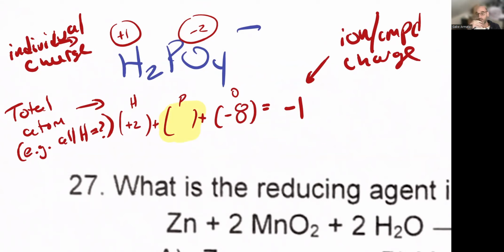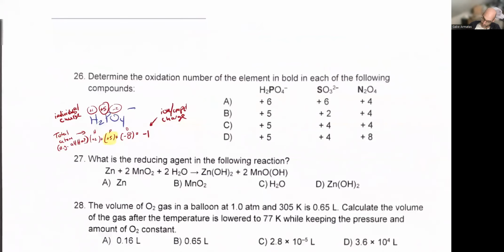I want the entire thing to be -1. So I need a +5 here in order to make this math true, right? So 7 minus 8 gives me -1. So I need my phosphorus to be +5. And there we go. Phosphorus is +5.